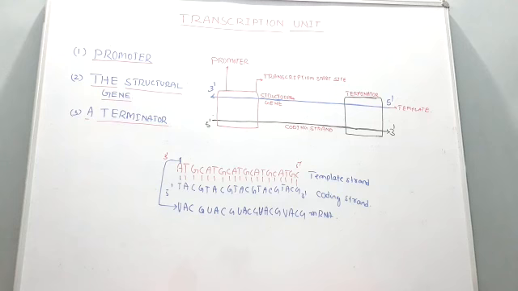The coding strand sequence is the same as that of messenger RNA, but the difference is that instead of T there is a U, and the rest of the sequence is the same. Where A is there, A stays; where C is there, C stays; where G is there, G stays; but in the place of T it is replaced by U. So this is all about the transcription unit. We'll stop.